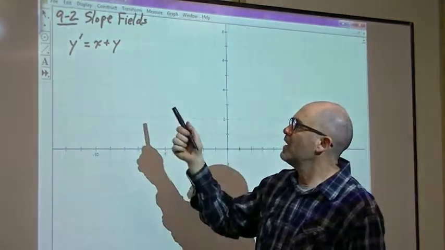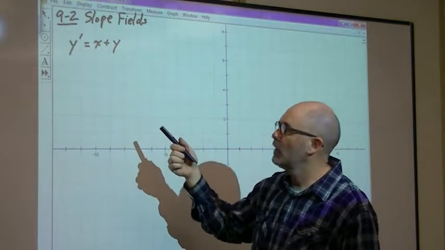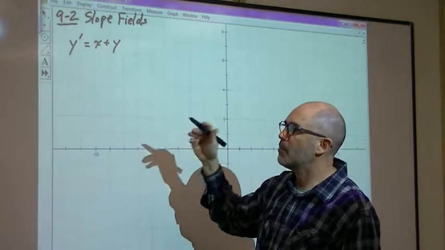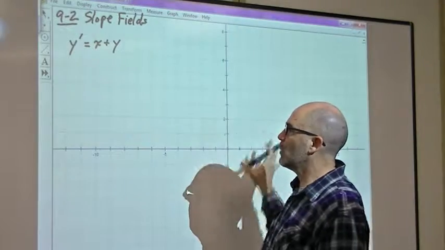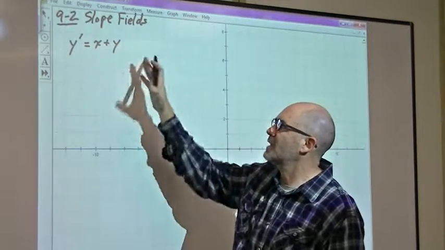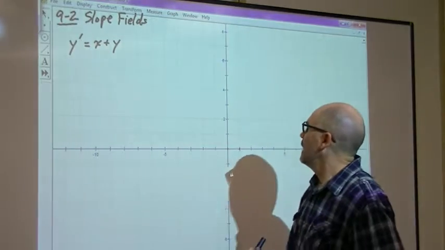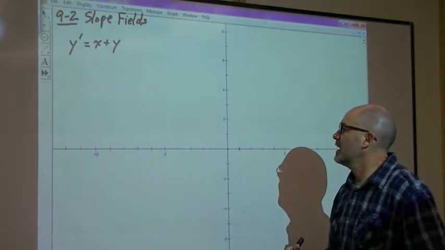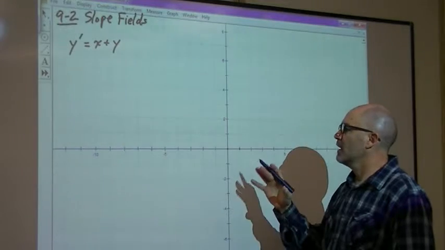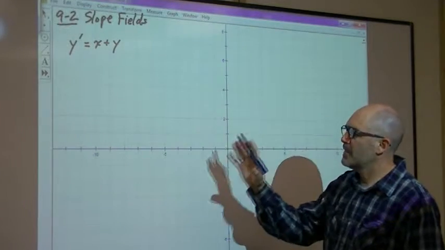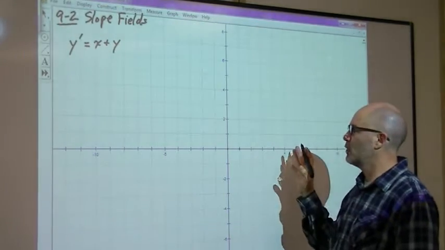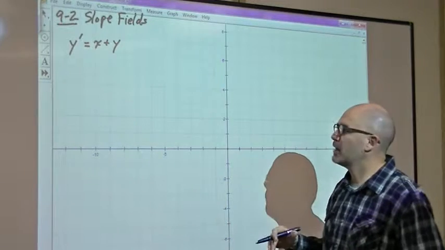While we may not be able to solve that, we can plot points anywhere we want. Any x and y value, I can tell you what the slope is going to be. So we're going to plot the points from -2 to +2 in both the x and y directions.